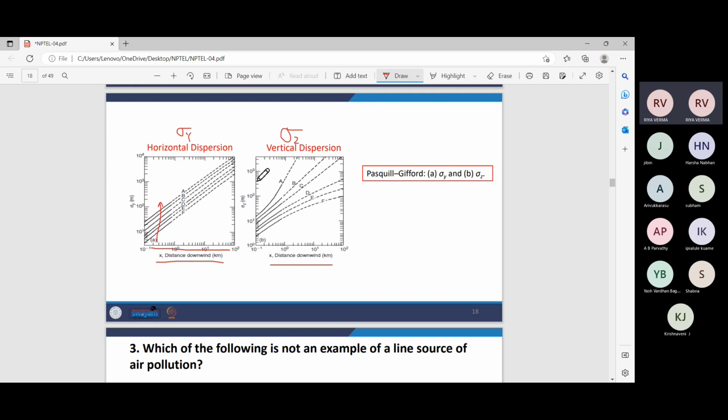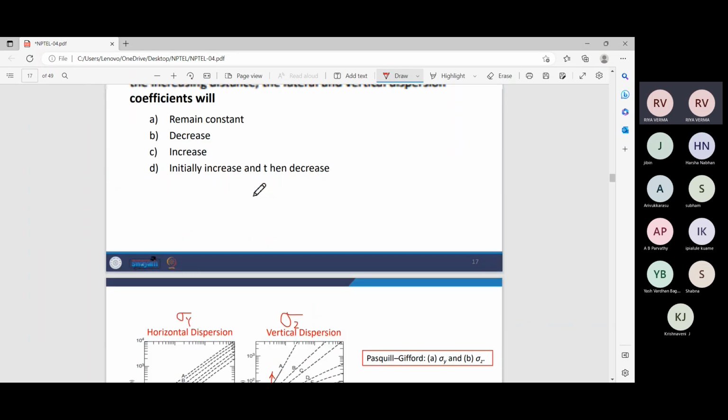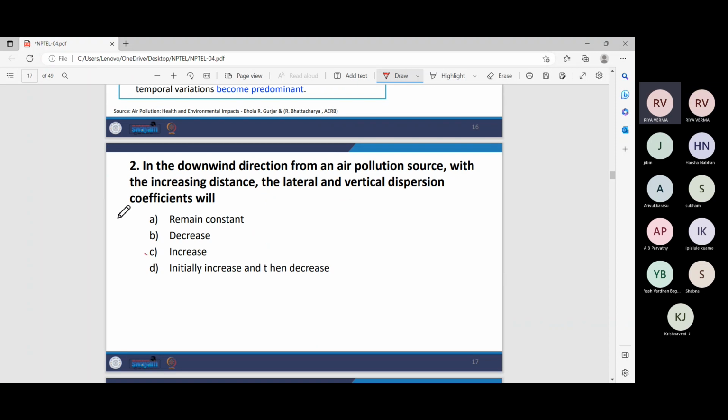Same is the case with your sigma z, that as we move towards the downwind direction, your value of sigma z is increasing, isn't it? Yes, ma'am. So the answer will be increasing. In the downwind direction from an air pollution source, with increasing distance, the lateral and vertical dispersion coefficients will increase.